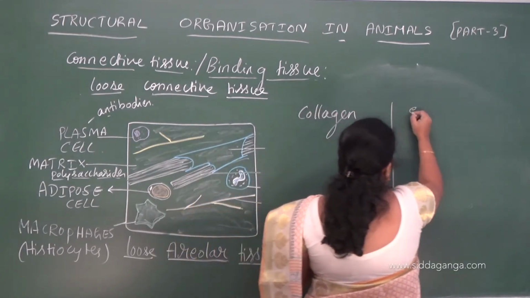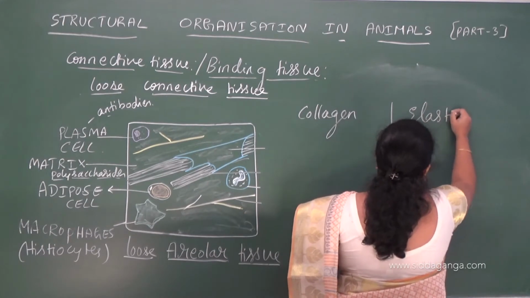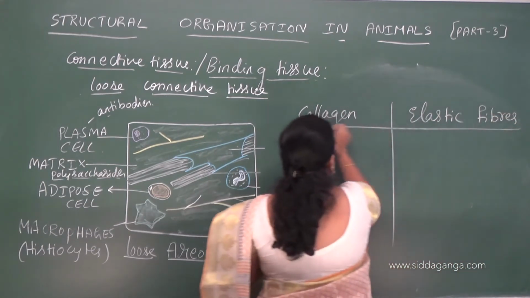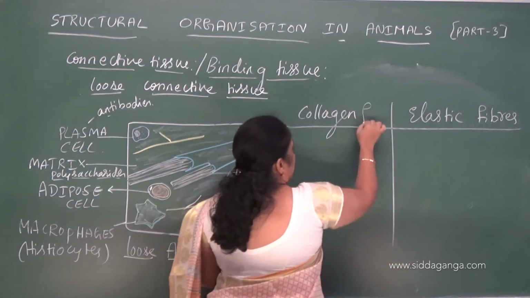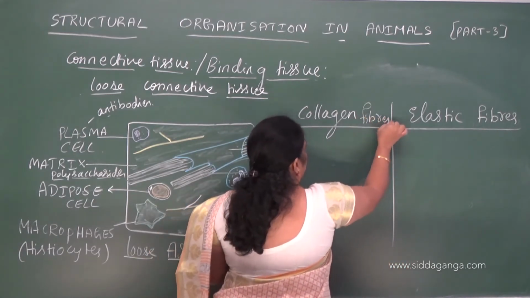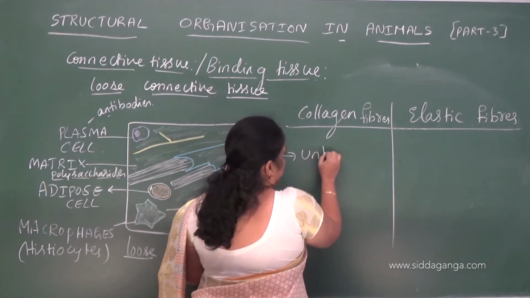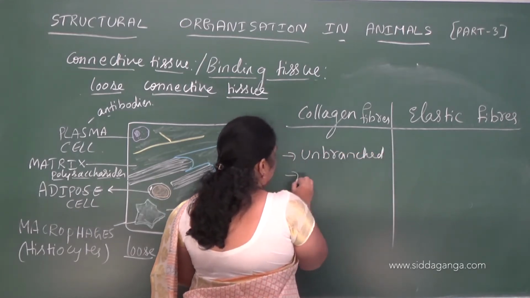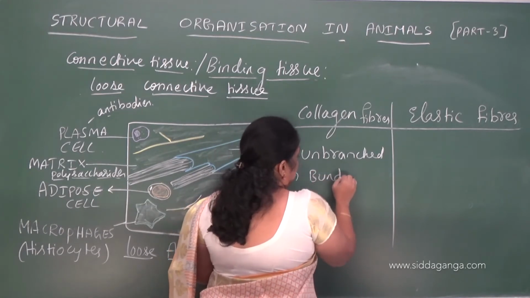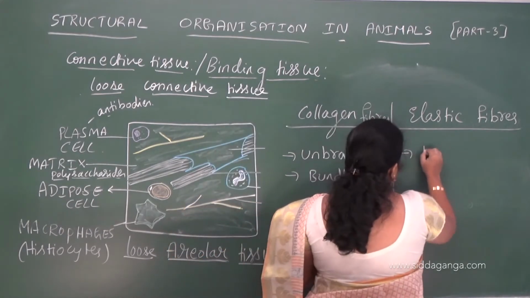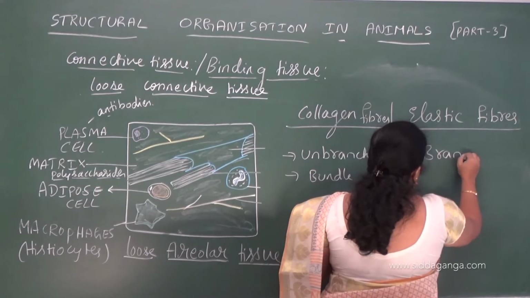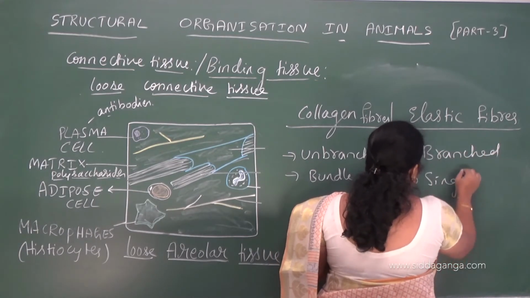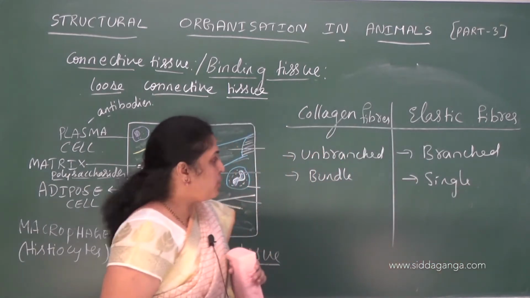Collagen fibers and elastic fibers. Collagen fibers are unbranched and present in bundles, whereas elastic fibers are single and branched.